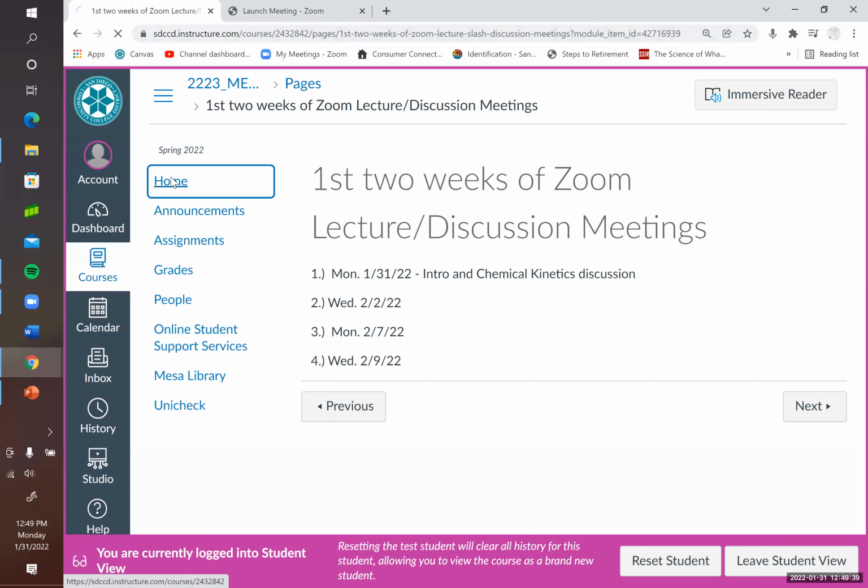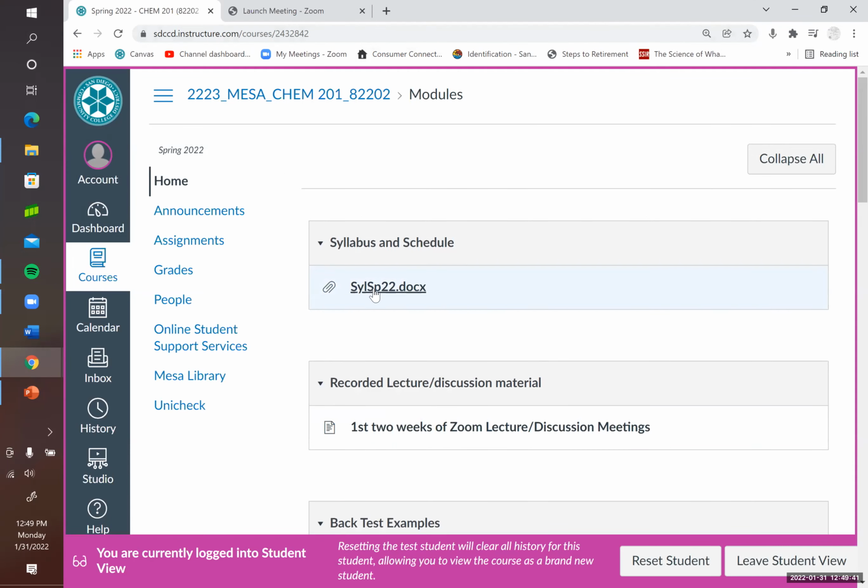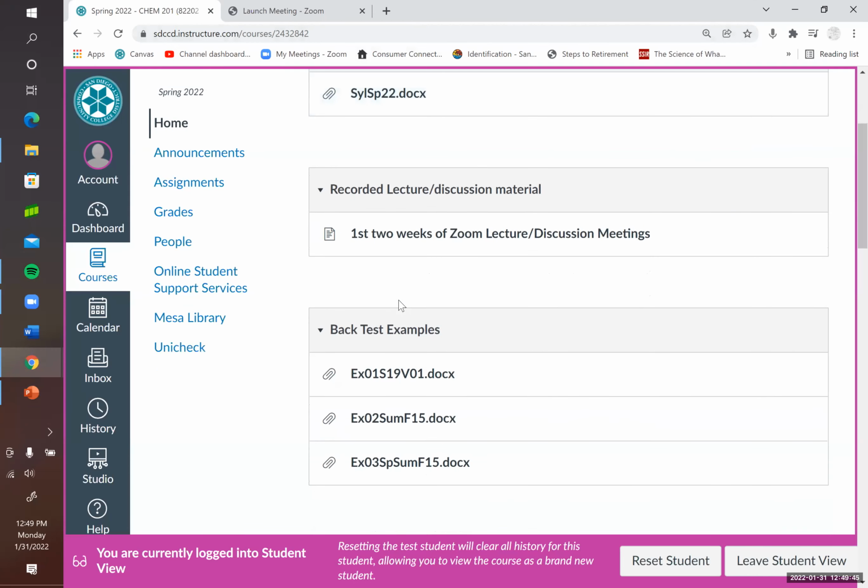All righty. So back to the home page, we have our syllabus, which we'll go through in a second. Here I have some back test examples. So for this course, as part of your grade, you're gonna wanna do the homework assignments because that's gonna prepare you for the tests. Now, what are the test formats?